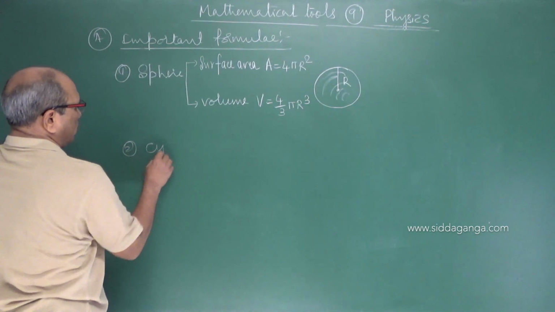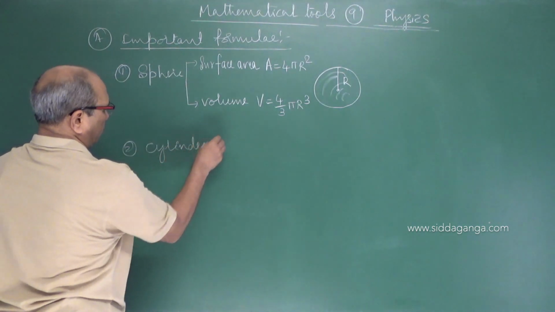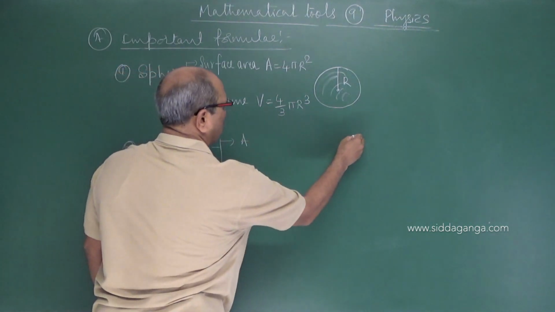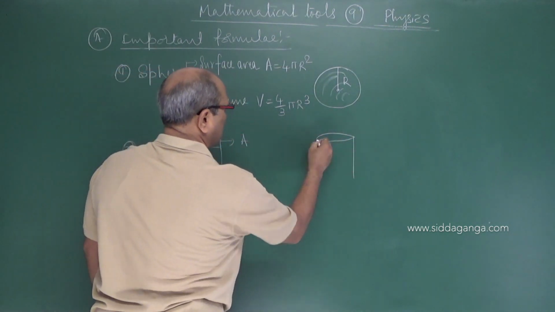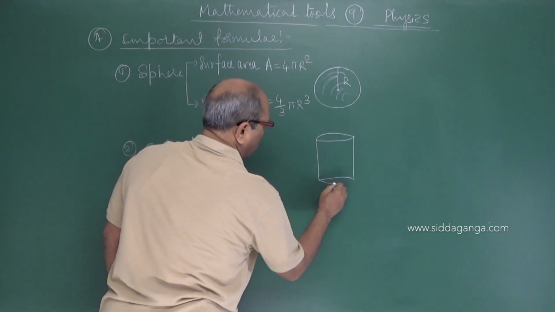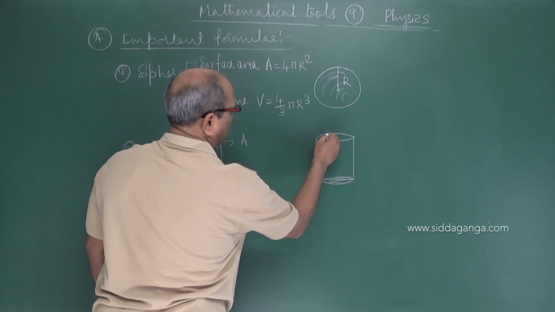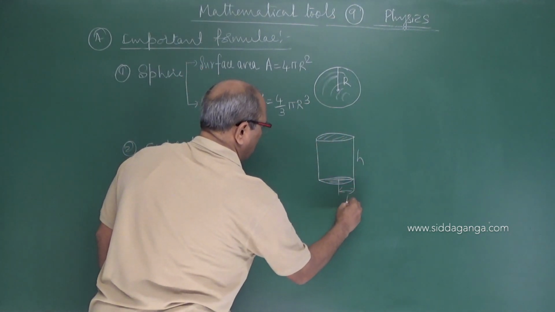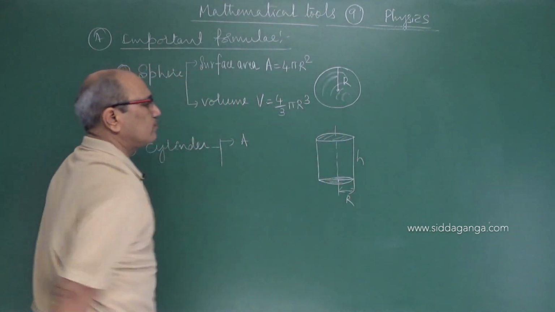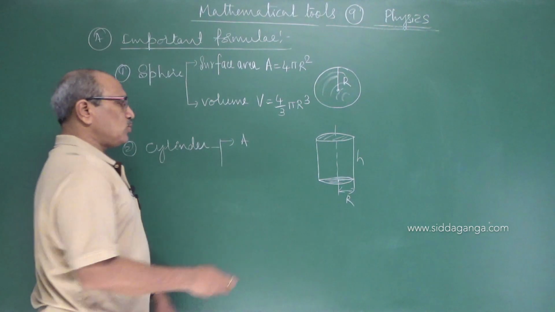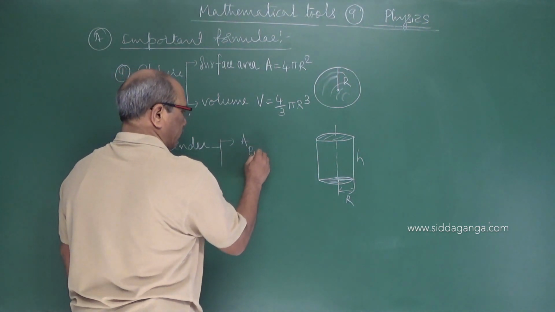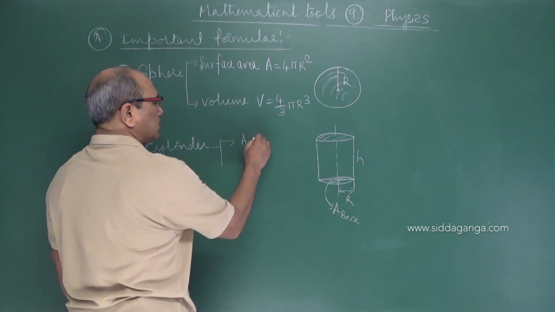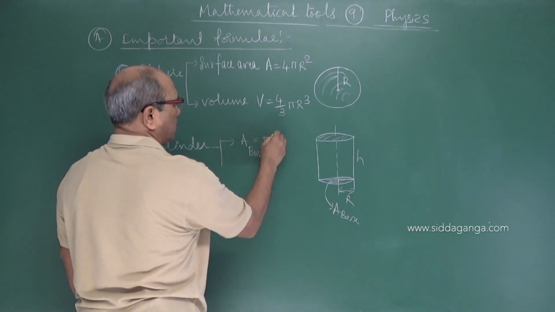Second, importantly, you have learnt about the cylinder. Two things again, area. When I talk about a cylinder, this shape has two circular shapes, base and top, and height h. It has the radius r about its axis. Suppose you want the area of the base only, that is pi r square.